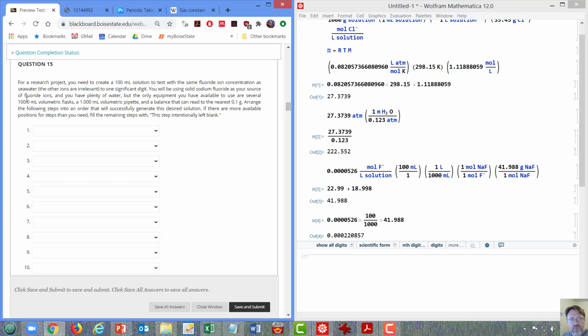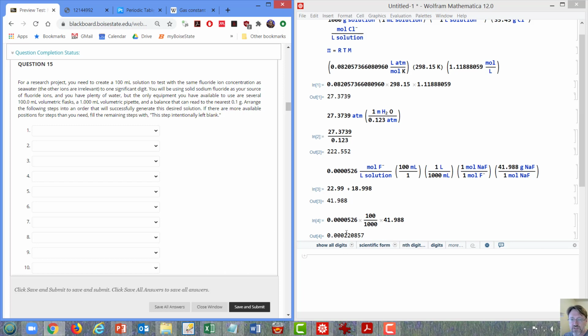Now, if you look at the volumetric flask and the volumetric pipette, if we take 1 milliliter out of the flask, whatever concentration we have, put it in a new flask, and then dilute to 100 mils, then we change the concentration by a factor of 100.